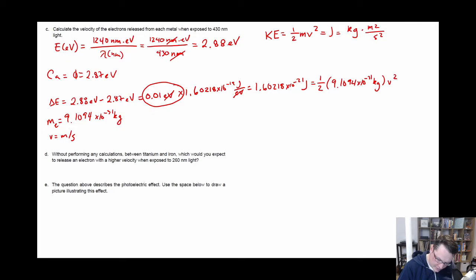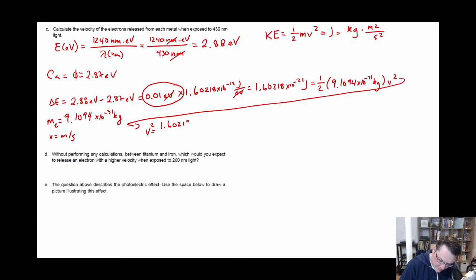Now if we want to get to velocity, velocity squared is going to be equal to 1.60218 times 10 to the negative 21 joules over 1/2 times 9.1094 times 10 to the negative 31 kilograms.